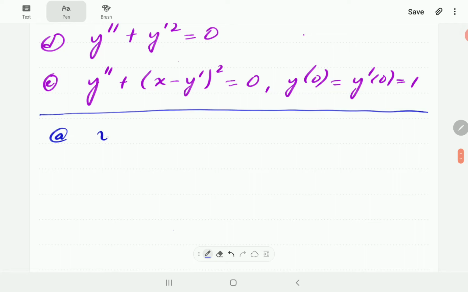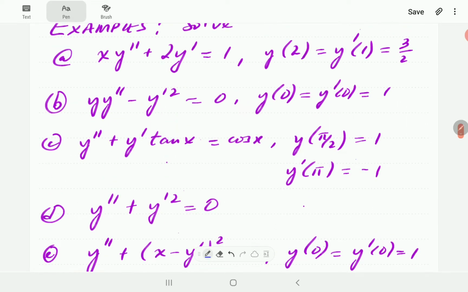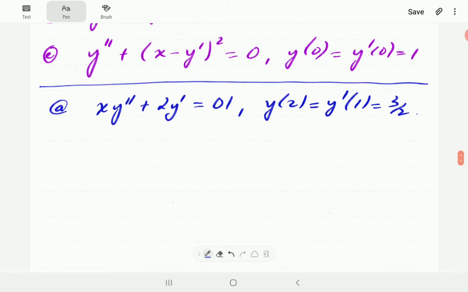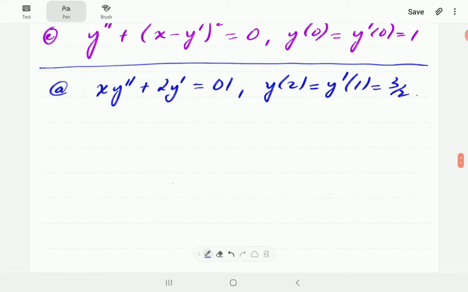So in the first one, we've got x y double prime plus 2y prime equal to 1. Then when x is 2, y is 3 on 2, and when x is 1, y prime is 3 on 2 as well. So the first thing to do is just to analyze the equation.